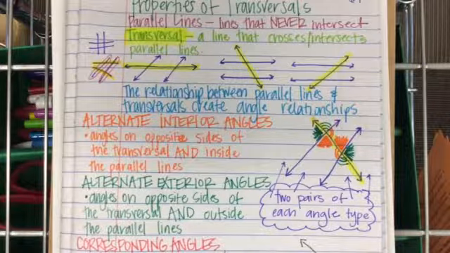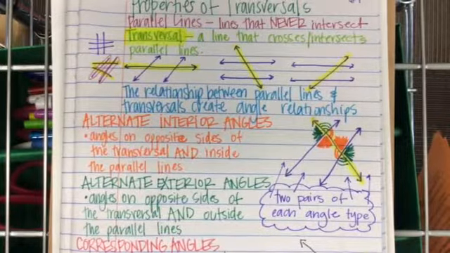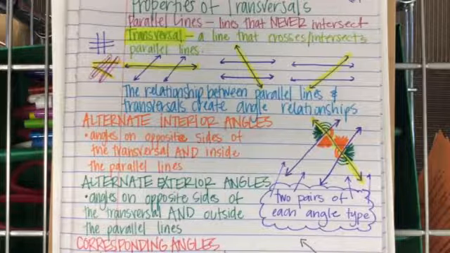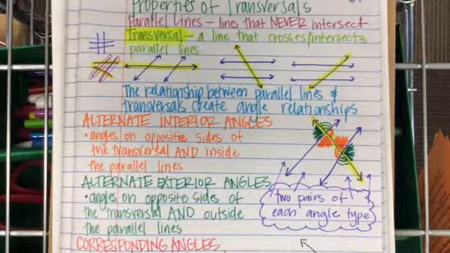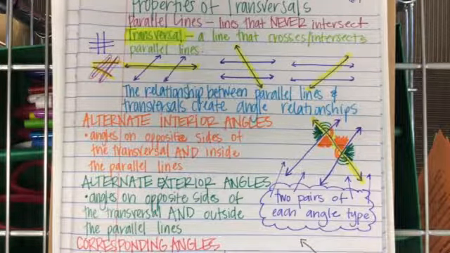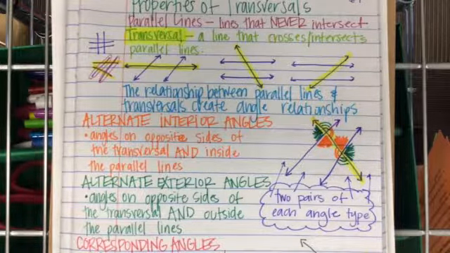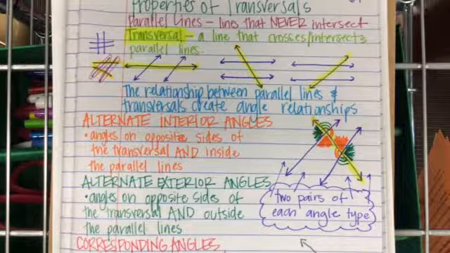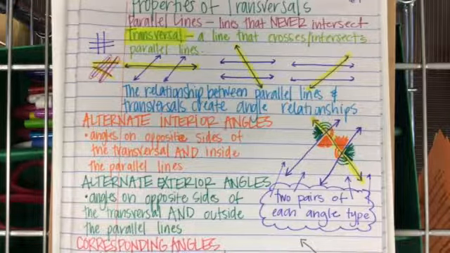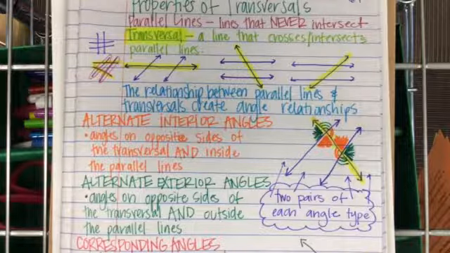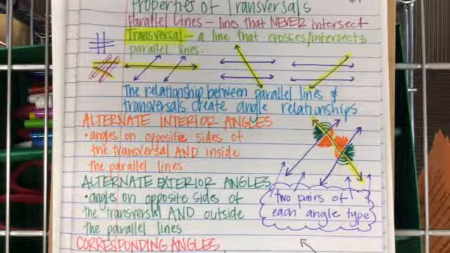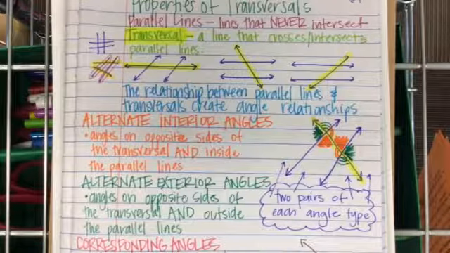There's a relationship between alternate interior to its buddy, who is also alternate interior. There is a relationship between alternate exterior to its buddy, who is also alternate exterior. What's the relationship of alternate interior to alternate exterior? What does the green pom-pom and the orange pom-pom make together? 180 degrees.